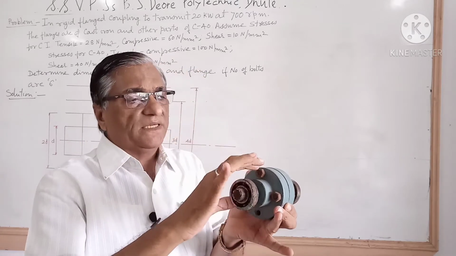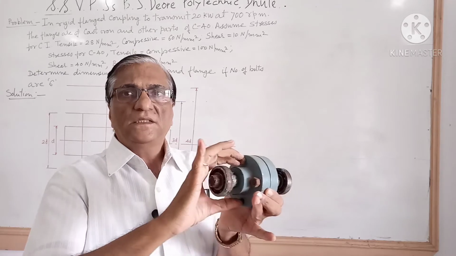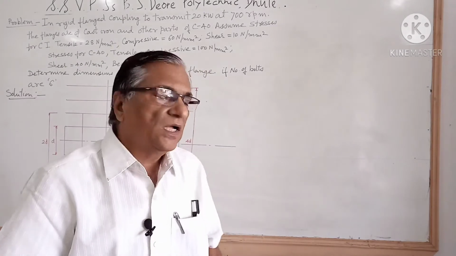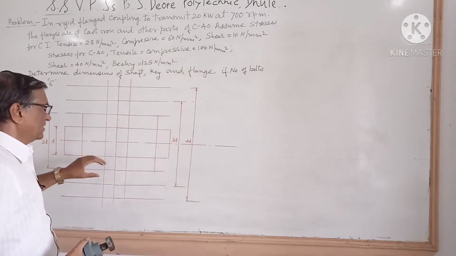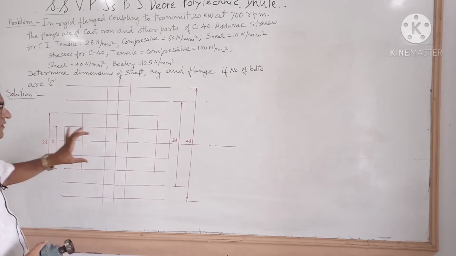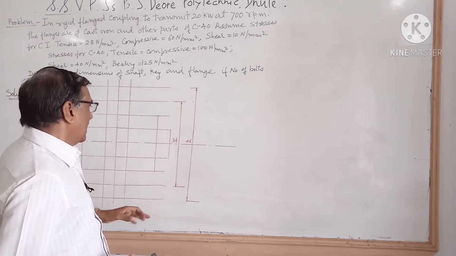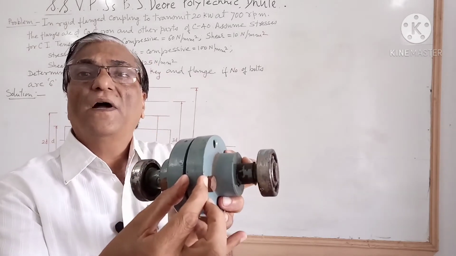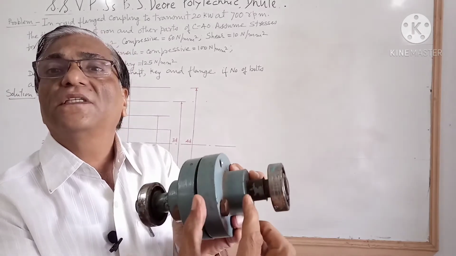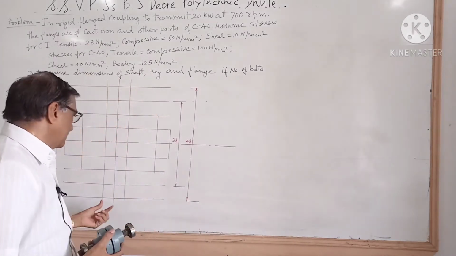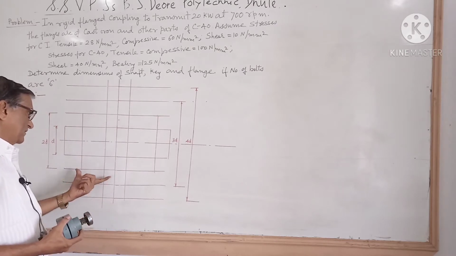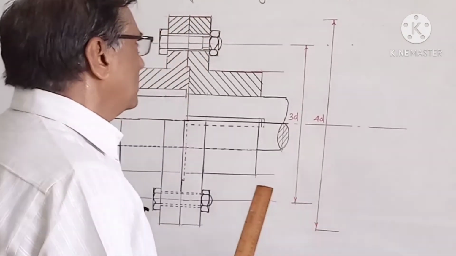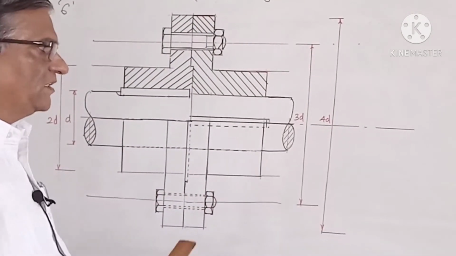The pitch circle diameter of the bolts is 3D and the outer diameter is 4D. Now with the help of the parallel lines, we will complete the figure of flange coupling.